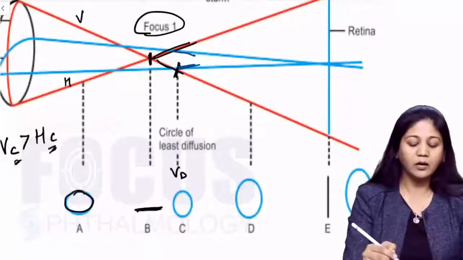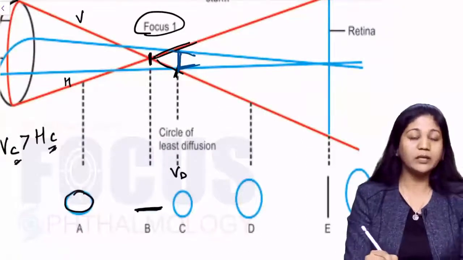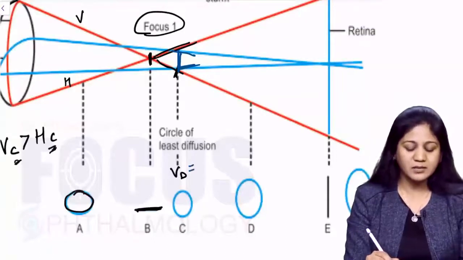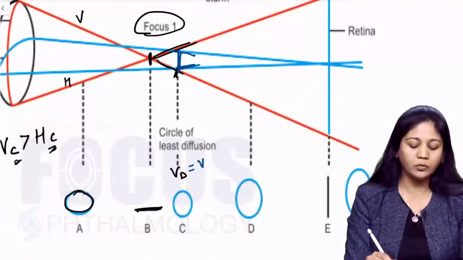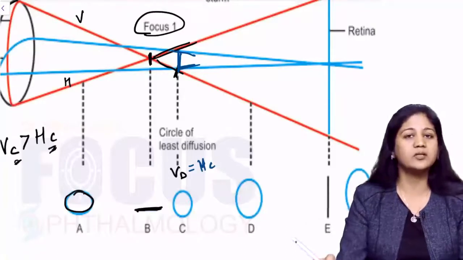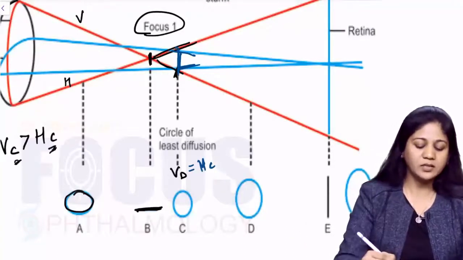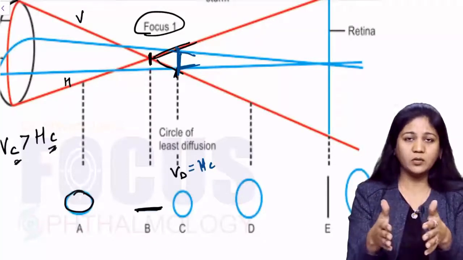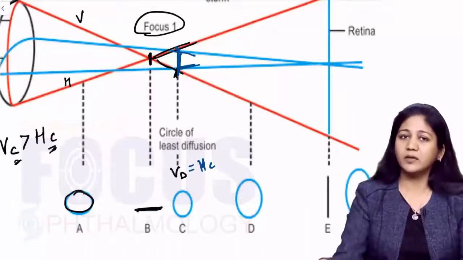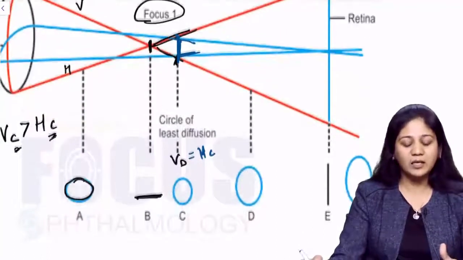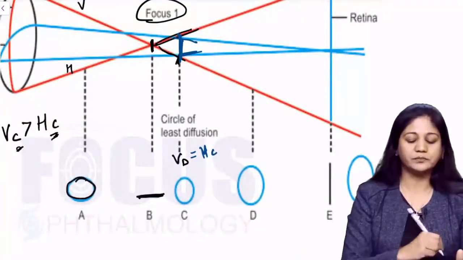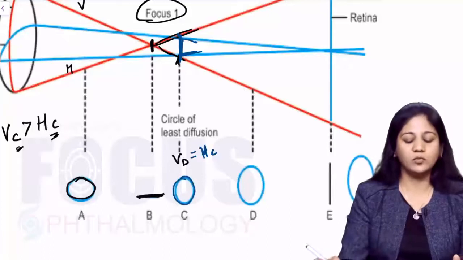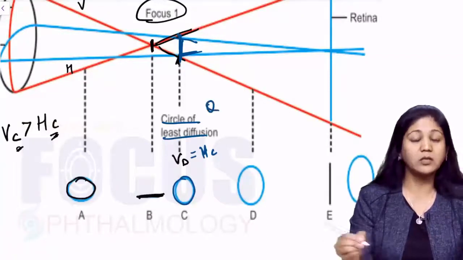Here, the amount of vertical divergence is exactly equal to the amount of horizontal convergence. Can you see this? This creates an image which is a circle, and this circle is known as the circle of least diffusion.